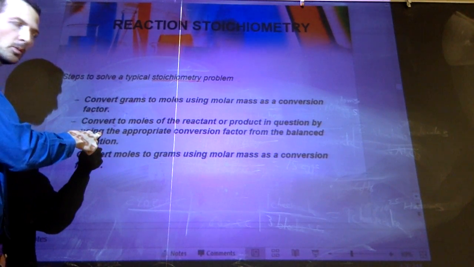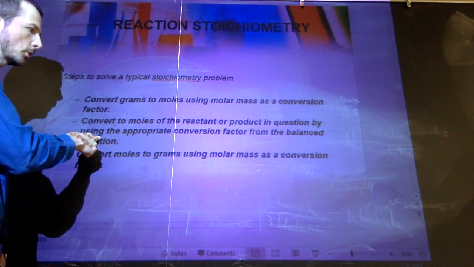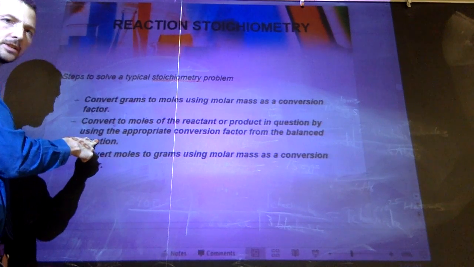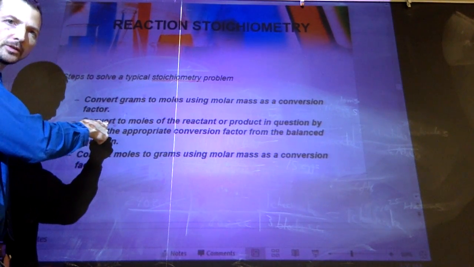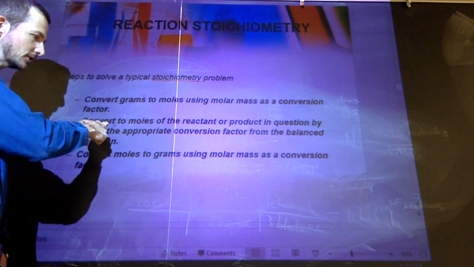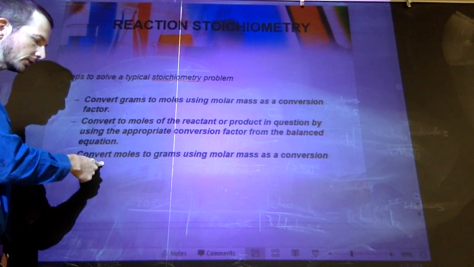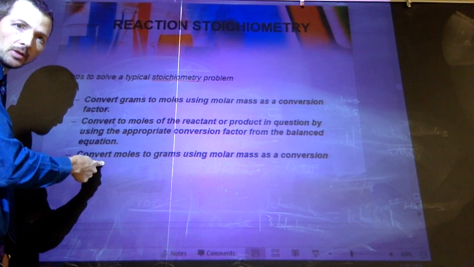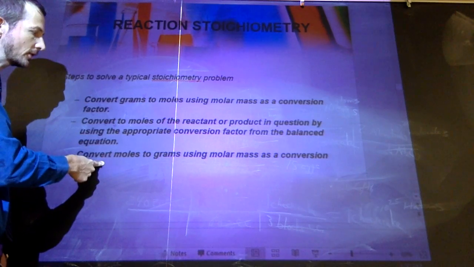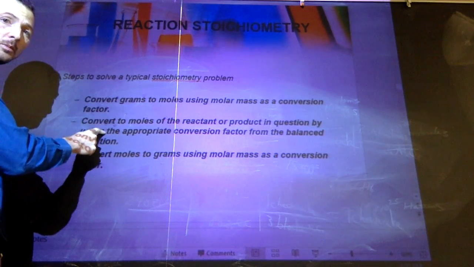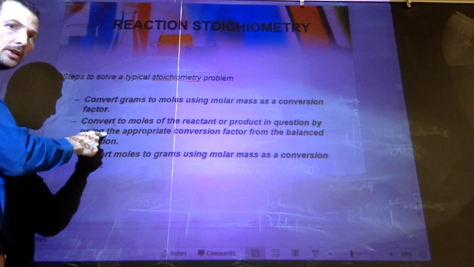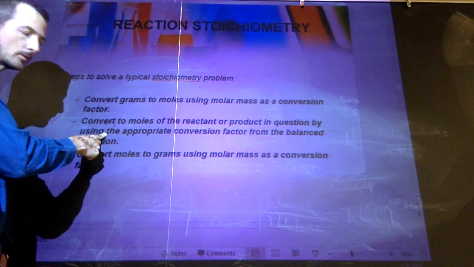Convert moles of the reactant to moles of the product in question using the appropriate conversion factor from the balanced equation. And if you're asked to, convert back to grams using the molar mass as a conversion factor. If you're given the moles and you're just asked for moles, just do the one step.